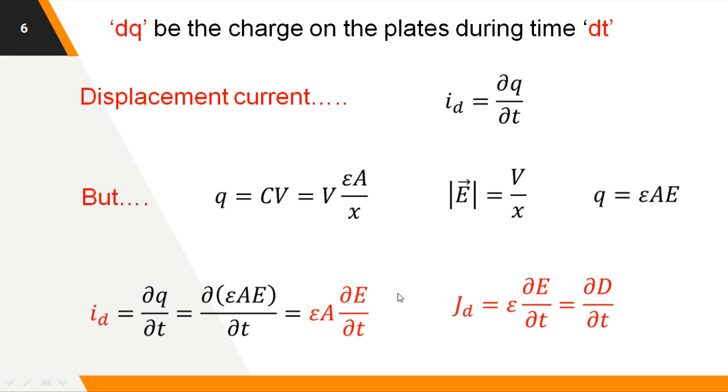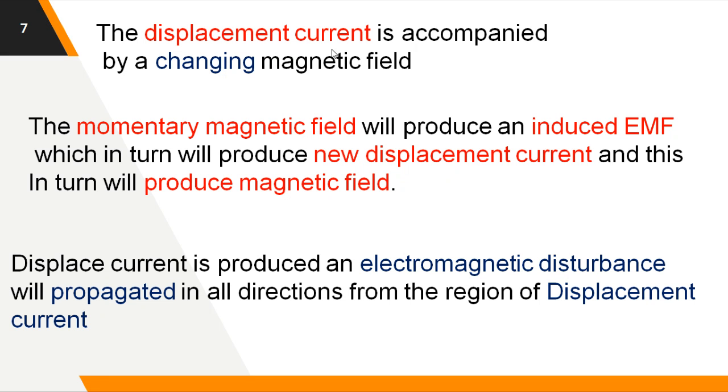So what is the difference between the conduction current and the displacement current? Whenever the electric field varies, a current can also be produced, that is called the displacement current. It doesn't require a medium; it's similar to the movement of the dipole in between the plates of the capacitor.